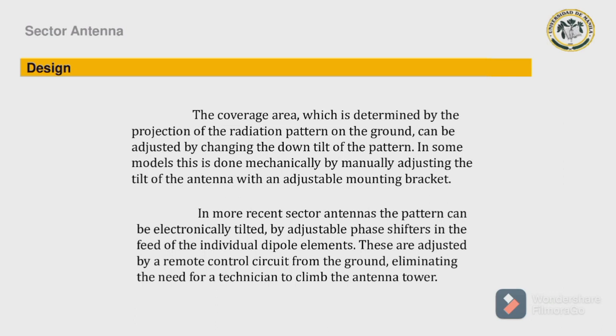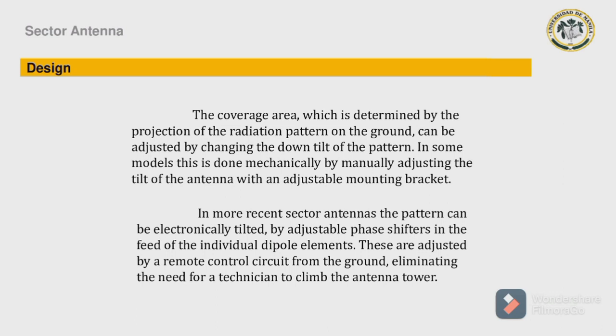The coverage area, which is determined by the projection of the radiation pattern on the ground, can be adjusted by changing the down tilt of the pattern. In some models, this is done mechanically by manually adjusting the tilt of the antenna with an adjustable mounting bracket.